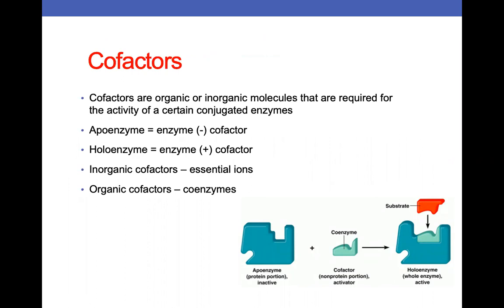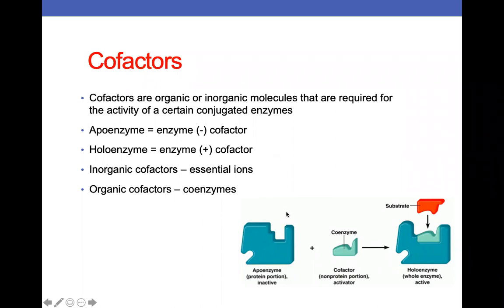And then within cofactors, I have inorganic. Inorganic means it doesn't contain carbon. So I have inorganic cofactors, which are just ions. Like if you think of Mg2+, copper, iron, those are inorganic. So they obviously don't have carbon. They're just metal ions. And then I have organic cofactors, which are coenzymes, and these contain carbon, and then usually they're like proteins.